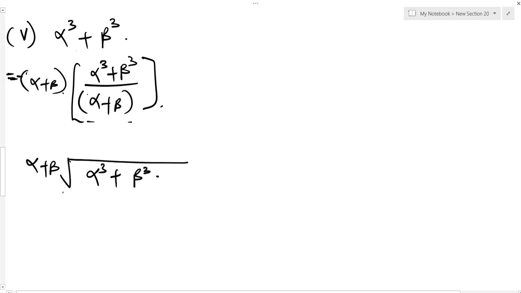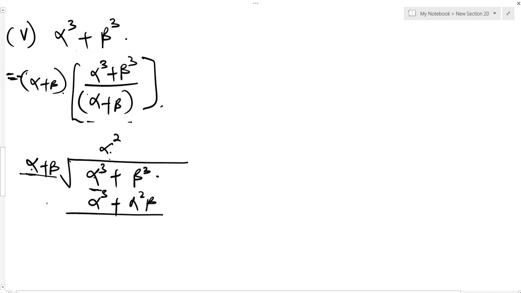So what we're going to do now is using this first term to divide this first term. So alpha cube divided by alpha will give you alpha square. Alpha square times the whole of this: alpha square times alpha will give you alpha cube, alpha square times plus beta will give you plus alpha square beta.